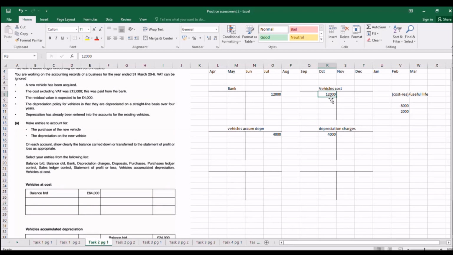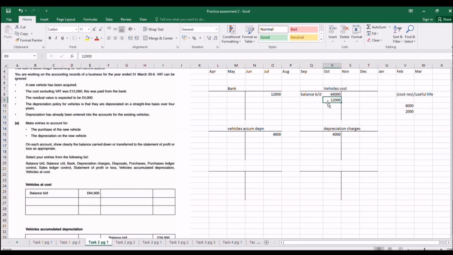Right, so let's now go through here. Vehicles at cost, we can slide that down to there. We've got our balance brought down here, given to us at £64,000. Let's see what the option is here.